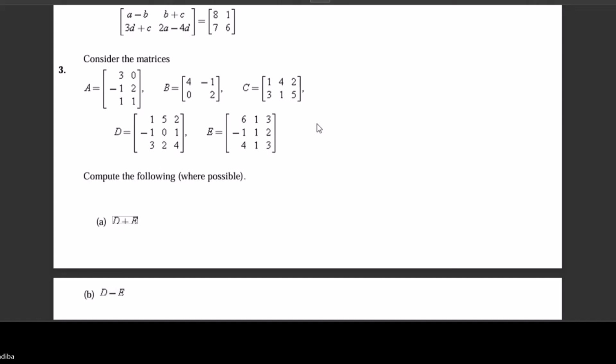So E and D are both 3 by 3, so it's possible to calculate 4E minus 2D. The final answer is 22, -6, 8, -2, 4, 6, 10, 0, 4.